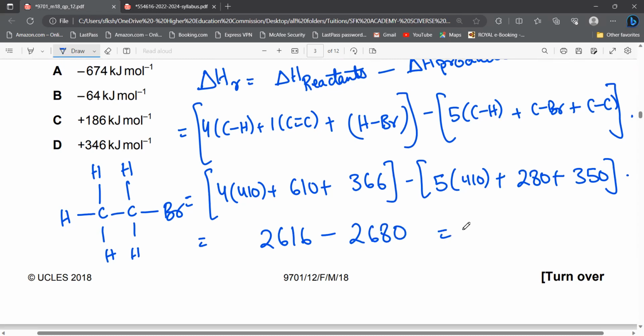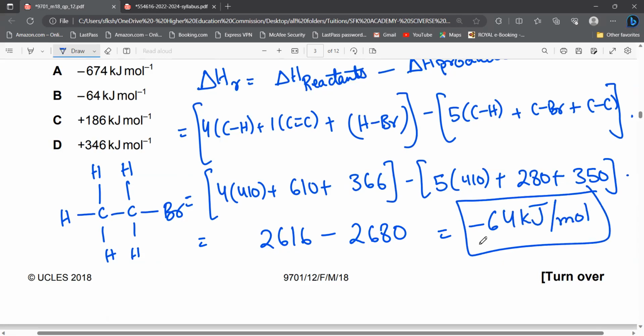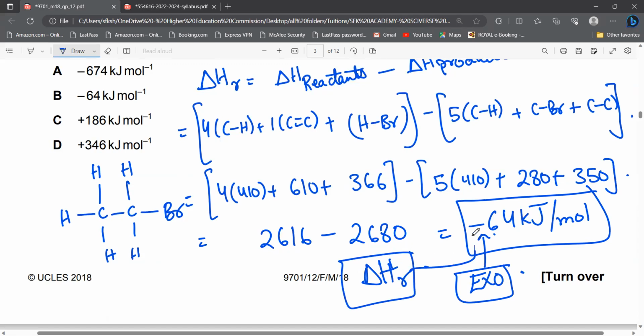So this turns out to be 2616 minus 2680, which is minus 64 kilojoules per mole. With a negative sign, you now know that this is an exothermic reaction. You already know that when the enthalpy change of reaction is negative, it's exothermic.